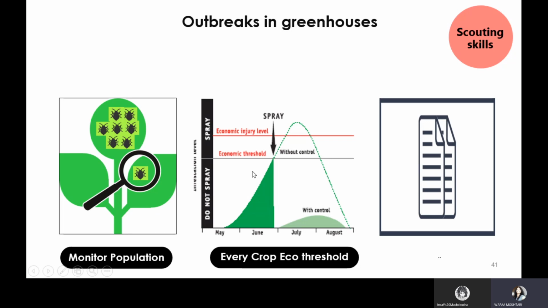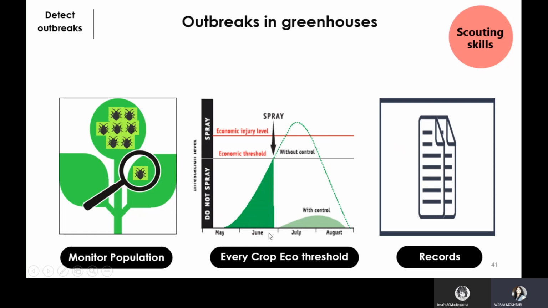Another skill is that you should monitor the population. You should have the ability to count all the population of pests you may have in your greenhouse, even in your field if you can. You should have an economic threshold for every crop, or what we call an action threshold. You remember the graph I showed you in the last slide.